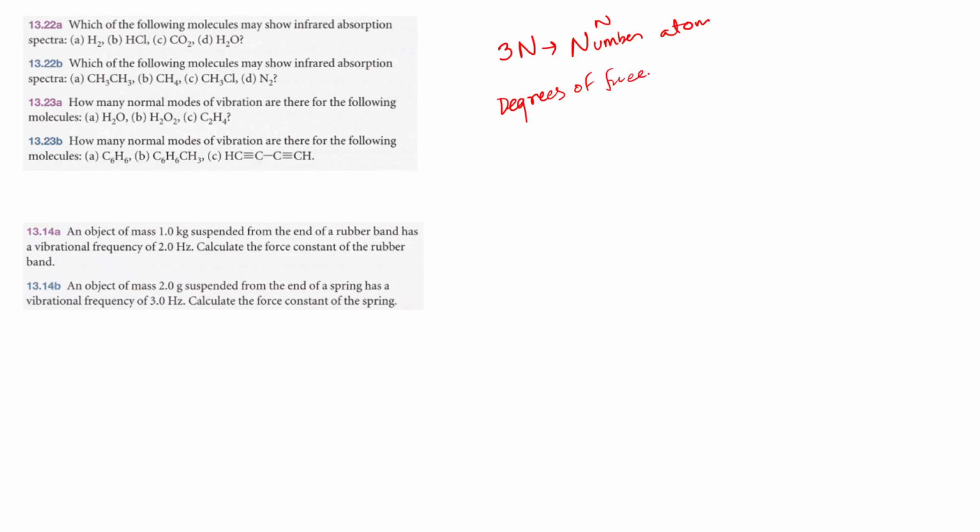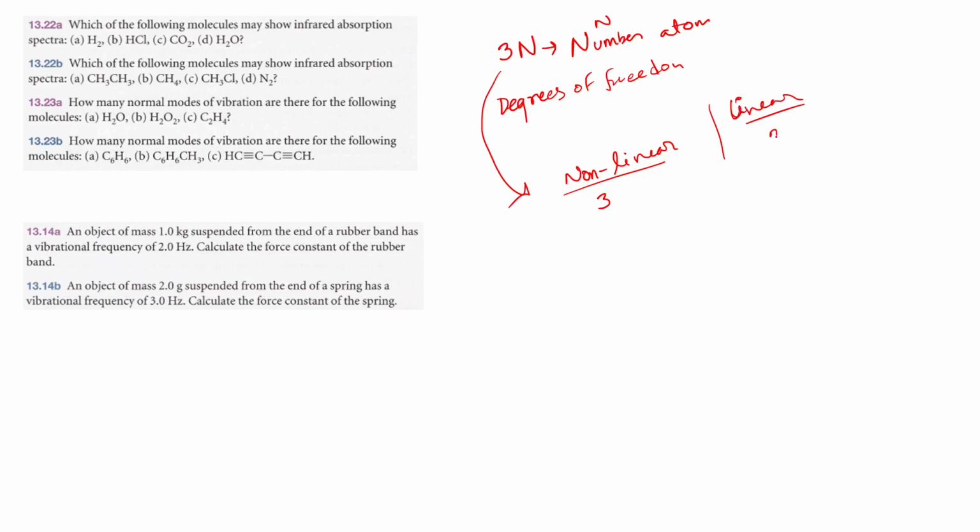And now out of this, for a nonlinear molecule, how many translational degrees of freedom are there? X, Y, Z, right? So three. For a linear molecule, how many translational degrees of freedom are there?